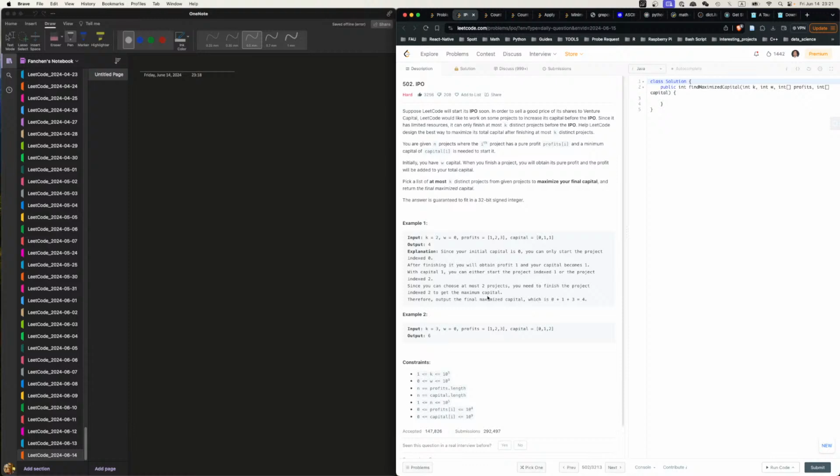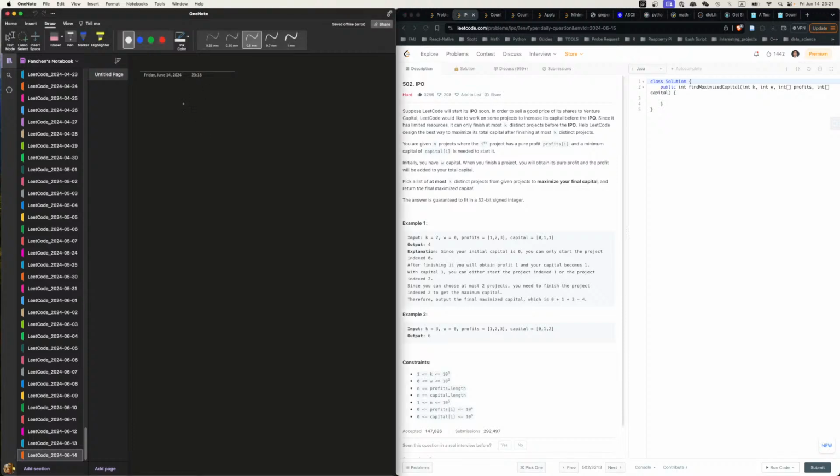If it's greedy, we'll say at each step, we will try to get the best profit based on the capital that we have, which means we probably need to sort, right?